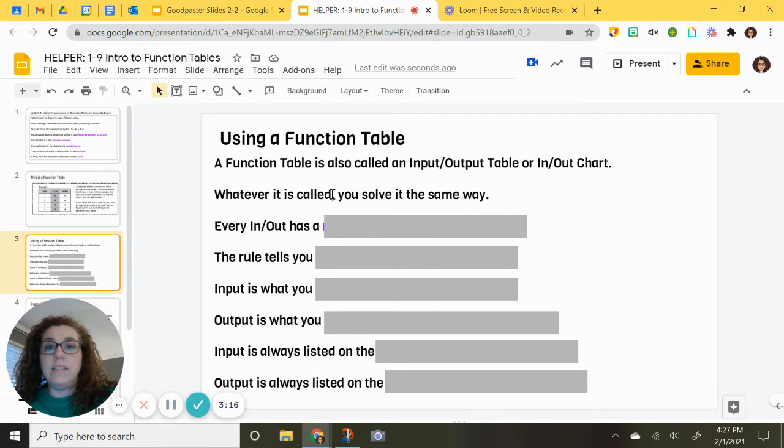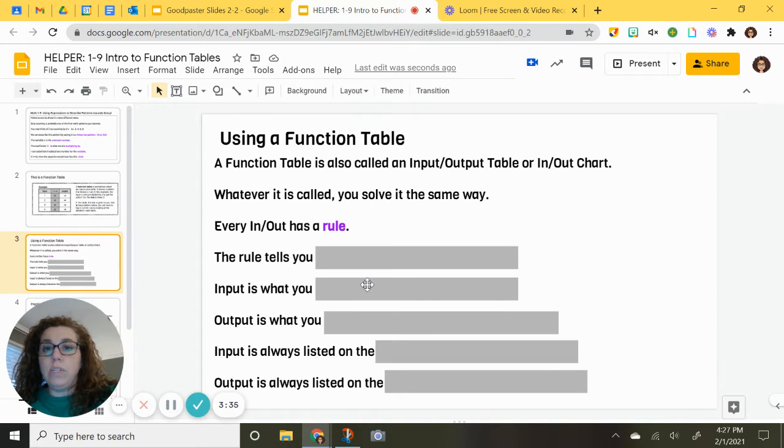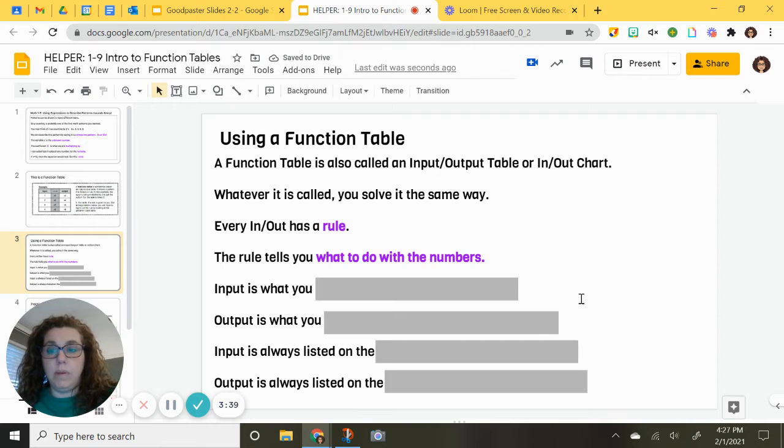Whatever you call it, it's the same way to solve it. Every in-out has a rule. And I'm just keeping it as in-out because it's easier vocabulary-wise. So every one has a rule. In this situation, the rule was a times 2. The rule tells you what to do with the numbers, how to solve the problem.